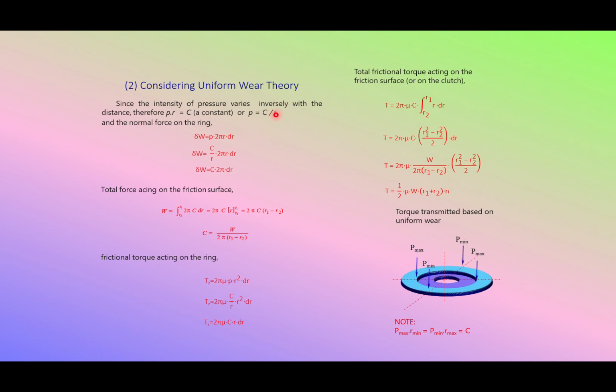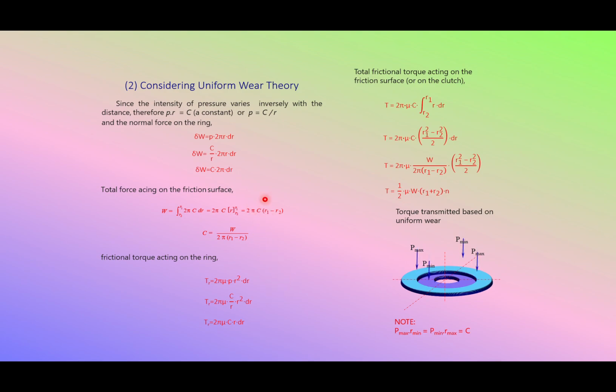That means when the radius is minimum, the pressure is maximum. When the radius is maximum, the pressure is minimum. So it's no longer uniform pressure theory here. It's uniform wear theory.